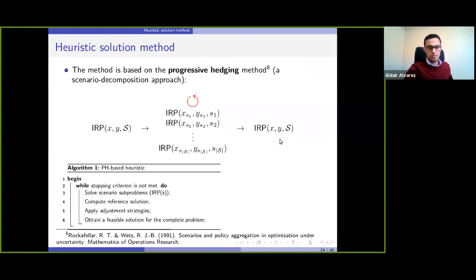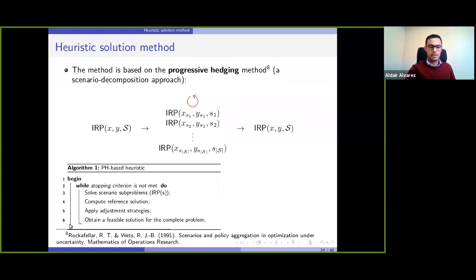To give you more details about it, so basically within a loop, we solve every scenario subproblem, and then we compute what is called a reference solution, which basically tries to identify the trend that most of the scenarios are following. So if we see that, for example, most of the scenarios are visiting a given customer in a given time period, then maybe we want the rest of the scenarios to follow that trend.